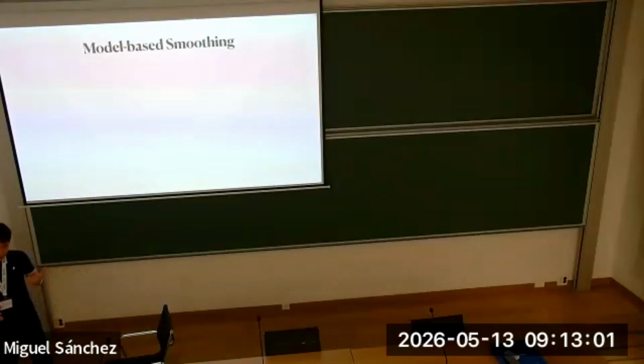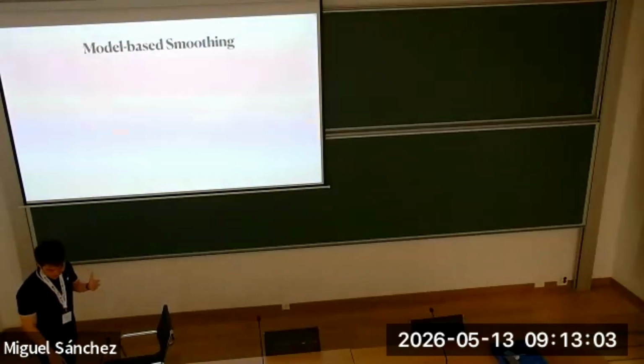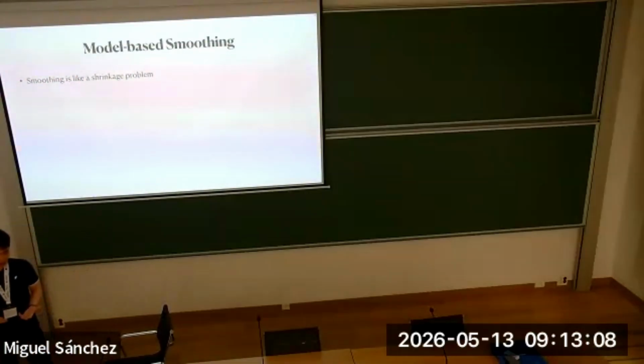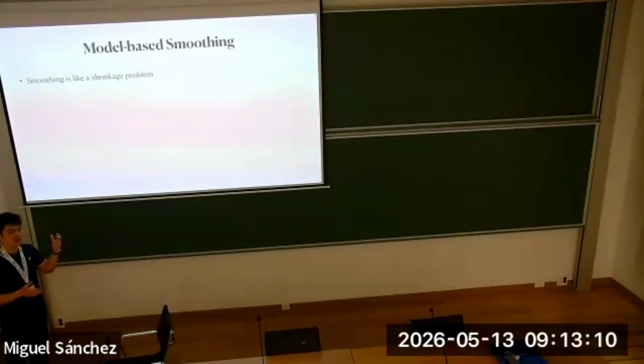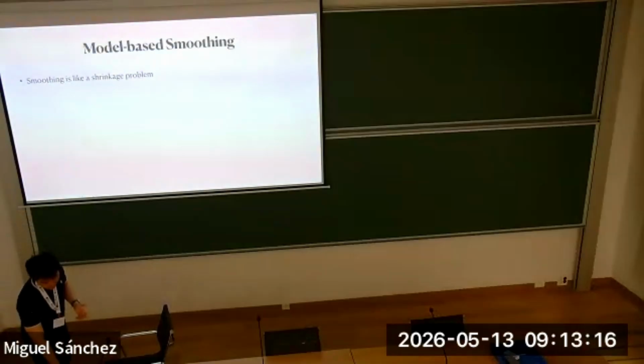And I like to think about this in the model-based way, when we assign a distribution on the unknown function F, because that way I think it is clear, at least to me, that smoothing is nothing more than just a shrinkage problem for a function.